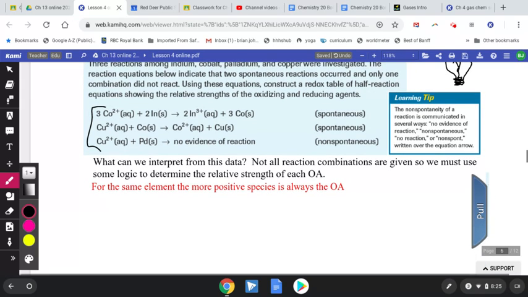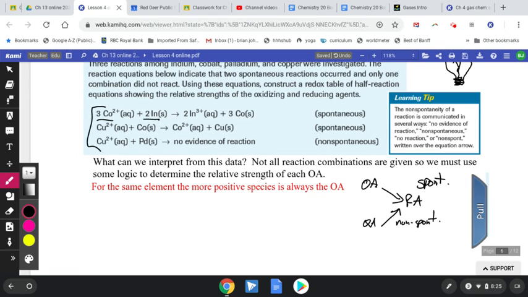Here's how it works. So we know that an oxidizing agent that sits above a reducing agent gives us spontaneous. If the oxidizing agent sits below the reducing agent, non-spontaneous. So we use that rule to figure out how to build these tables, and it's pretty simple. In this reaction, could you identify which of these is the oxidizing agent and which is the reducing agent? It's always going to be the more positive, right? And we can see cobalt 2 plus becomes cobalt.